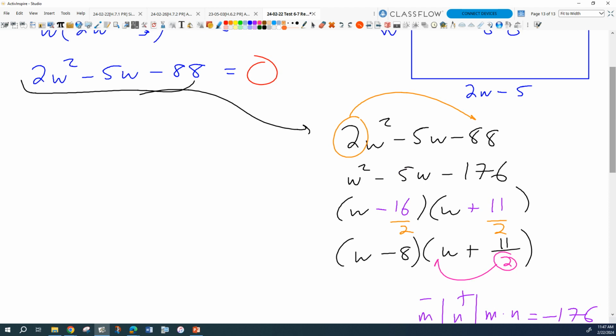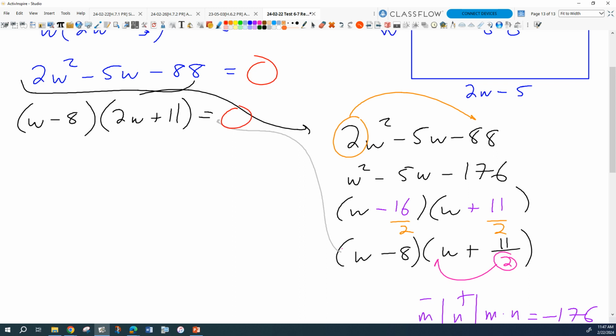Then that's going to give me my factored form, which is W minus 8 times 2W plus 11 equals 0. Okay, so it's factored.